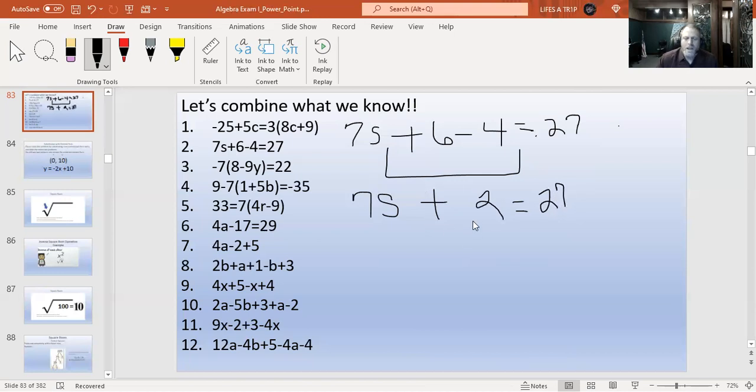We have our variable on this side, but it's stuck with a whole number on this side. So we've got to get that whole number on the other side. Minus 2, minus 2, and cancellation. 7s equals 25.